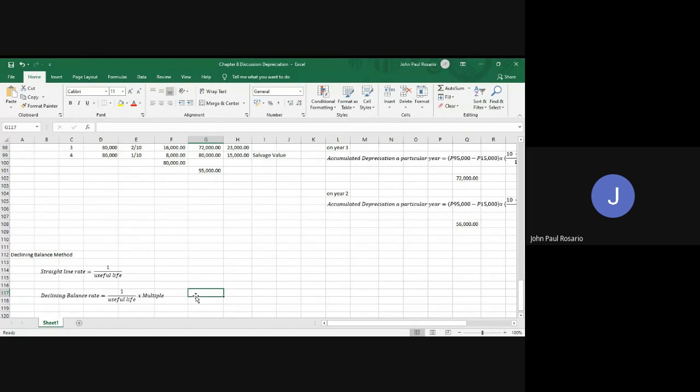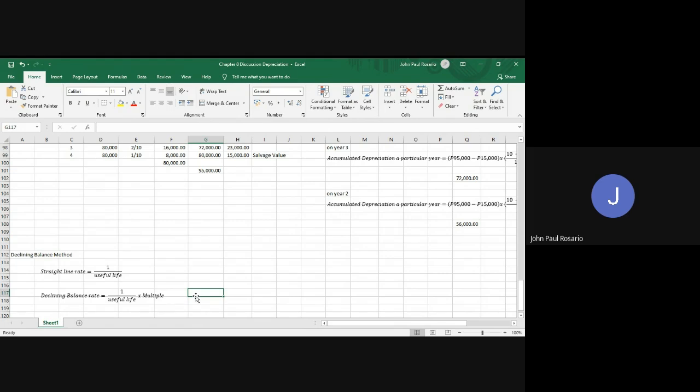Okay, so when you say declining balance method, guys, your multiple should be more than 1, because if it's not more than 1, it's no longer a declining balance rate. But whatever, there are instances where it is less than 1, or less than 100%. But the thing about declining balance is that your depreciation will be based on the declining book value of your asset.